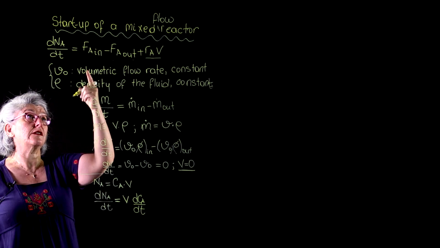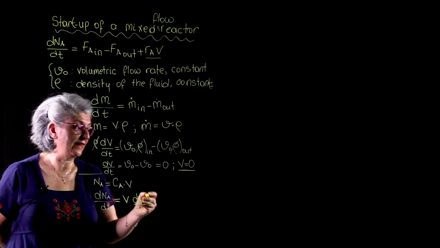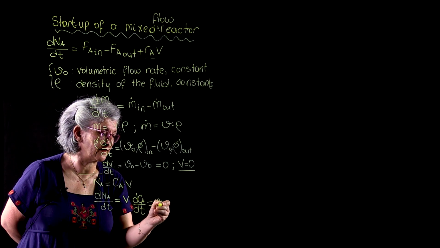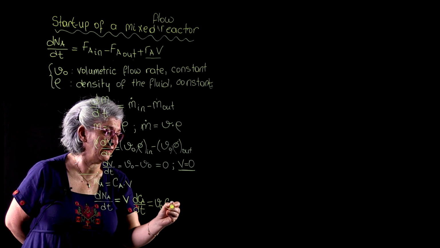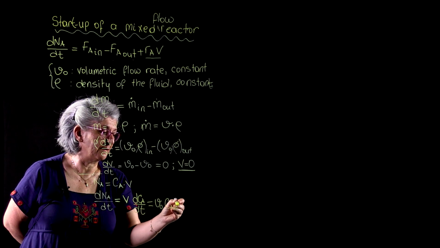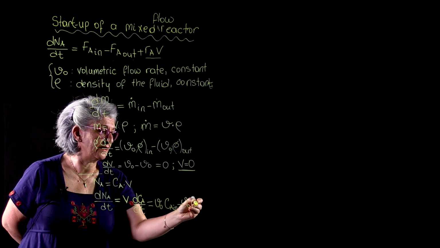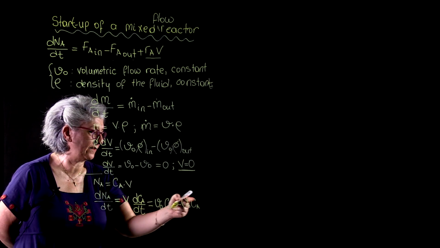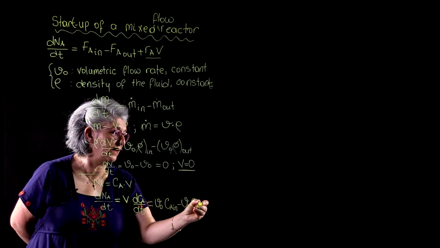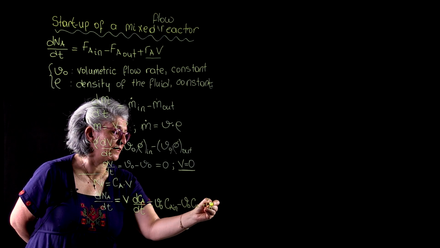The other side of the expression is FA in, remember V0 is constant, V0 times CA in minus V0 times CA out, remember, I dropped the subscript out from the identifier, plus RA times V.